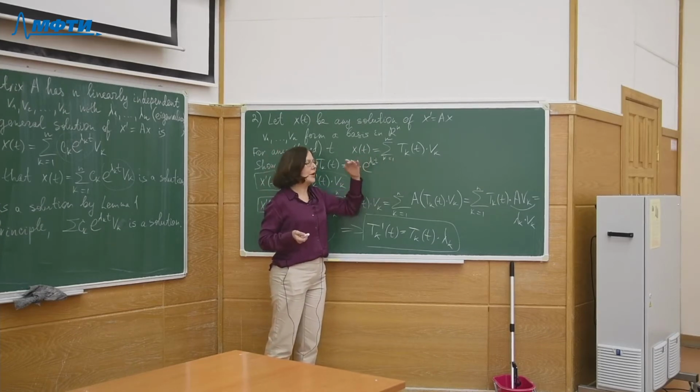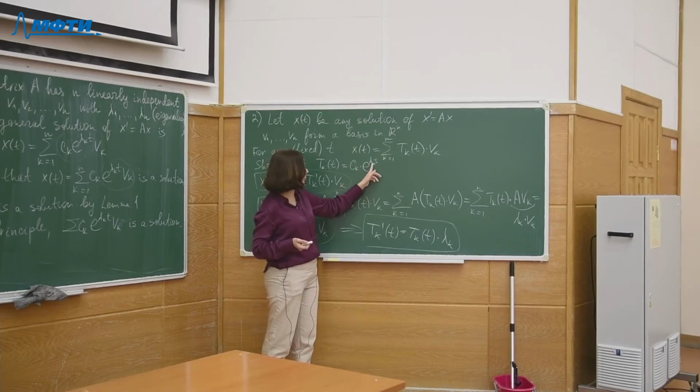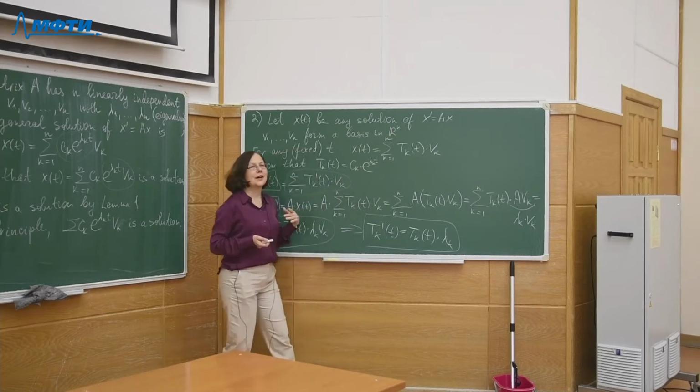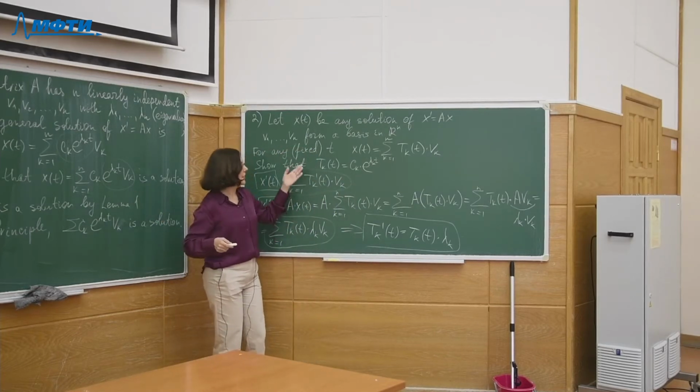And I want to show that tk of t is equal to some constant multiplied by e to the power lambda kt. So not an arbitrary function, but a function having this form. How to prove this? It can be derived from the differential equation.